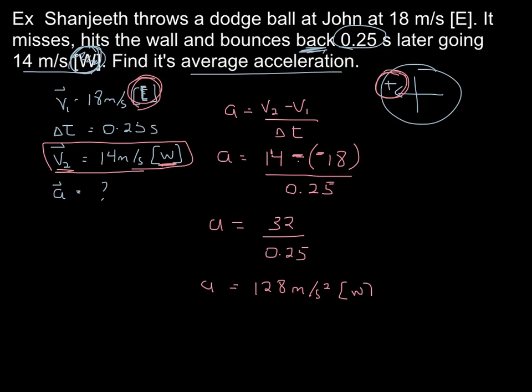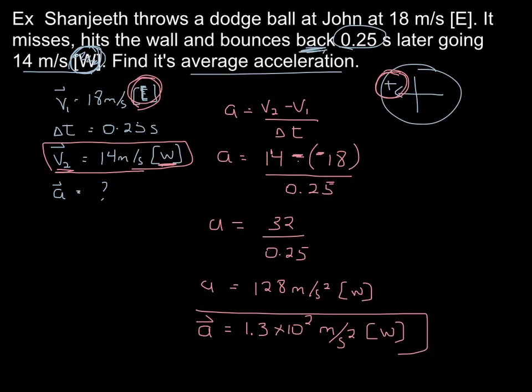That answer is in my positive direction, west. And for significant digits, we should go ahead and round this. You could say 130. I'll say 1.3 times 10 to the 2 meters per second squared, and that is west. So there's sig digs and direction. Don't forget direction. And that's it.